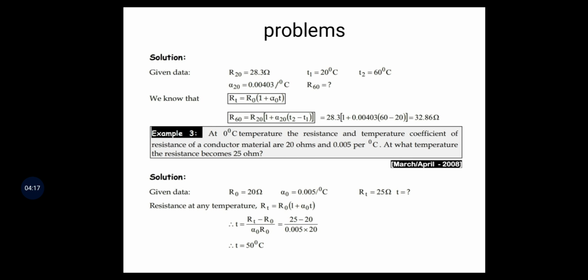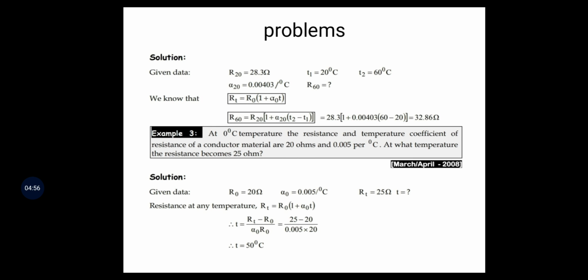Here alpha 20 equal to 0.00403 per degree centigrade. Then what is the value of R60?